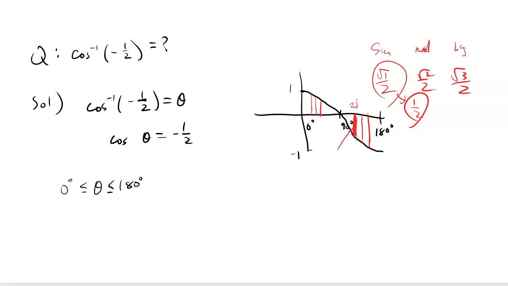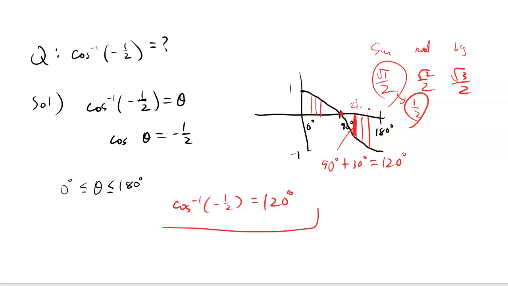It's 30 away from this 90 degrees, so it's 90 degrees plus 30 degrees, which is 120 degrees. And therefore, cosine inverse of negative 1/2 is equal to 120 degrees, because that's what our angle theta is. Alright, so that's how you can compute the cosine inverse without using a calculator.